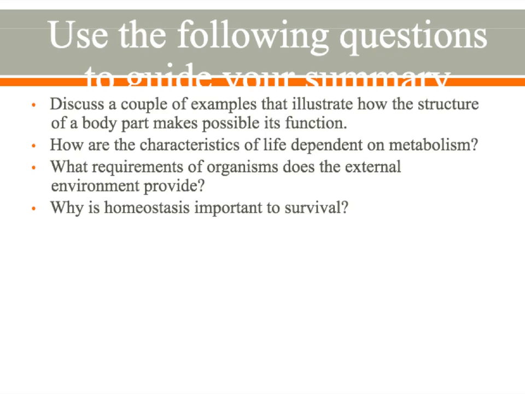That is going to wrap up our first look at anatomy and physiology and kind of the basics of the human body and how it functions. So use these questions, please, and write a summary. Your summary should be about 4 to 6 sentences.